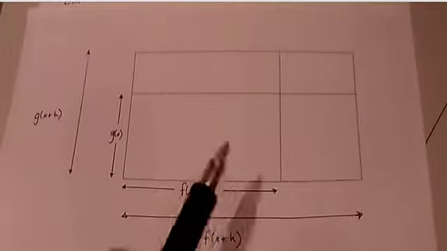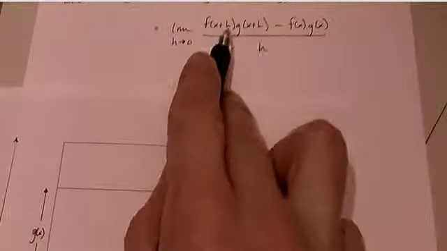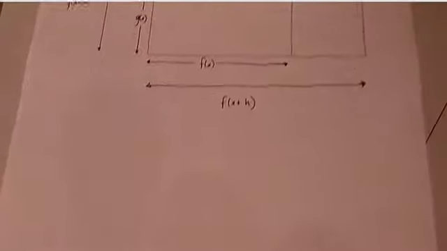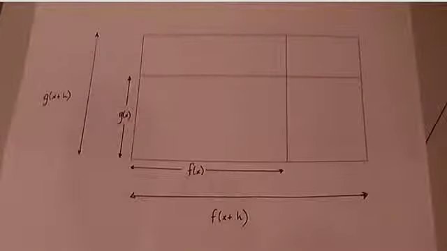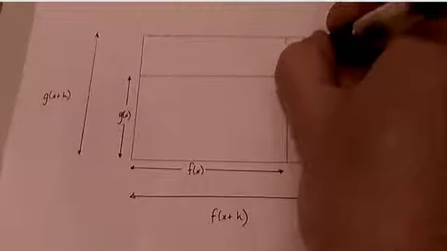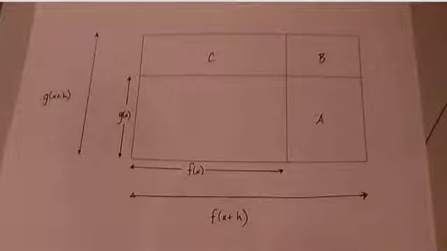So again, the product of the big rectangle minus the product of the smaller rectangle. And so what we need here is to find the area of these three rectangles, because those three rectangles wind up being the difference, right?